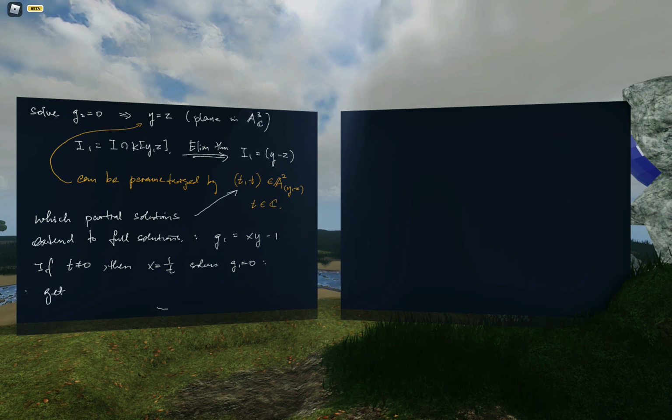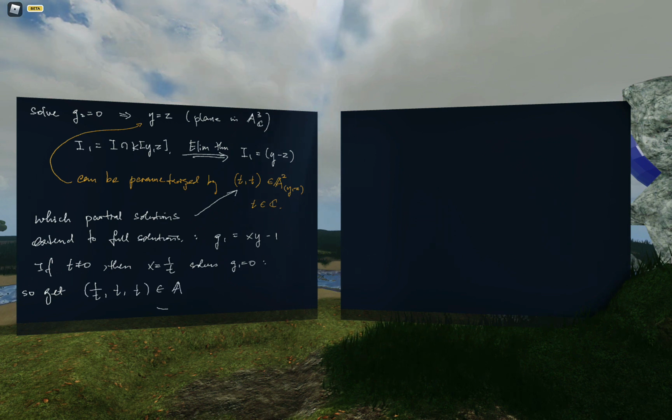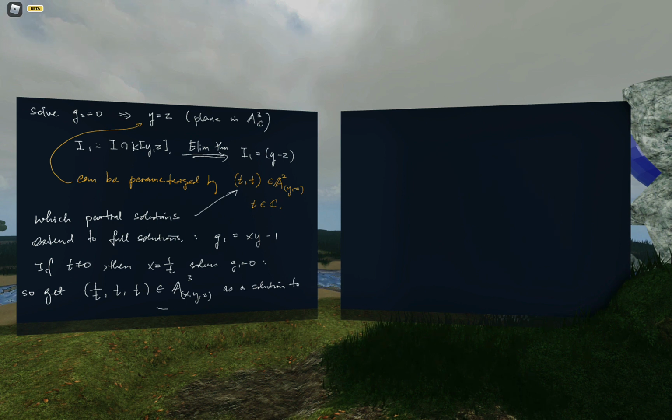So we get (1/t, t, t) in A3, (x, y, z), as a solution to the original set of equations.